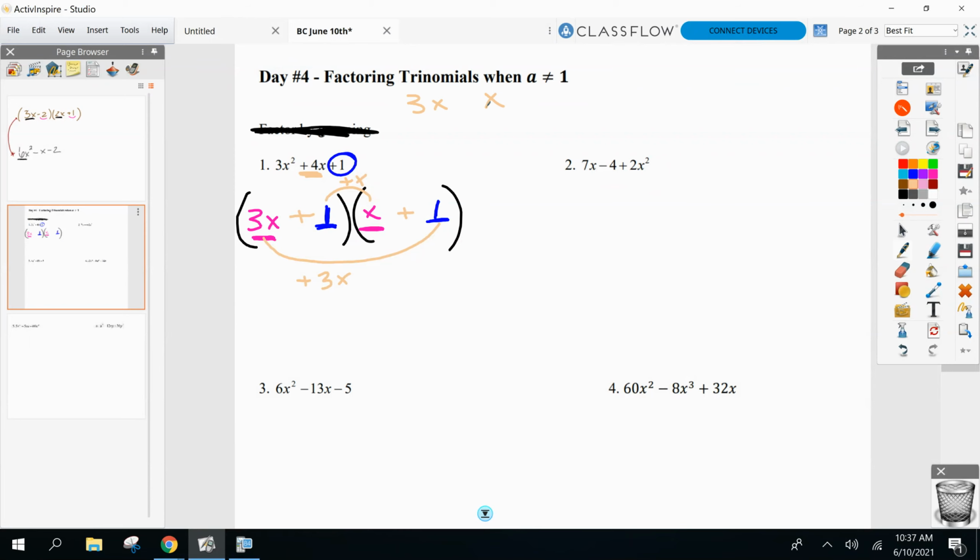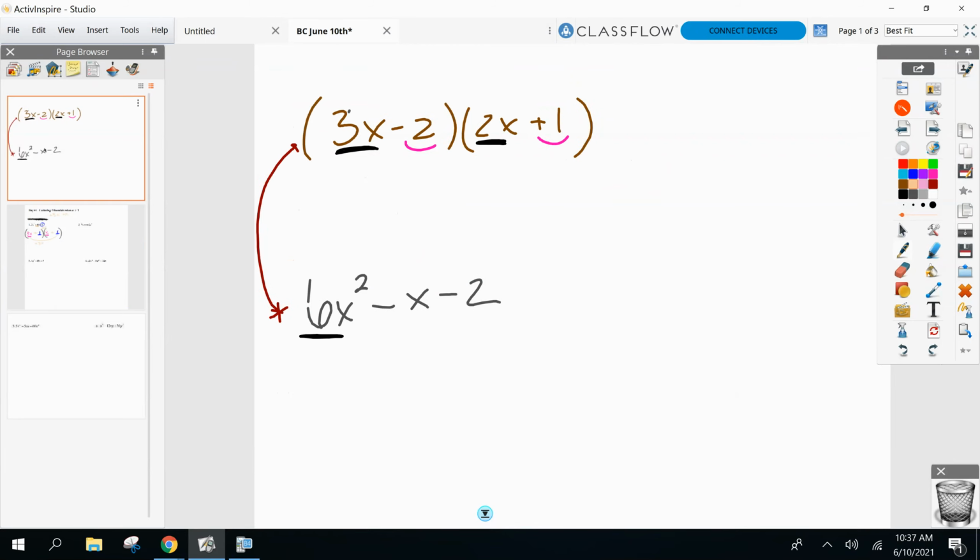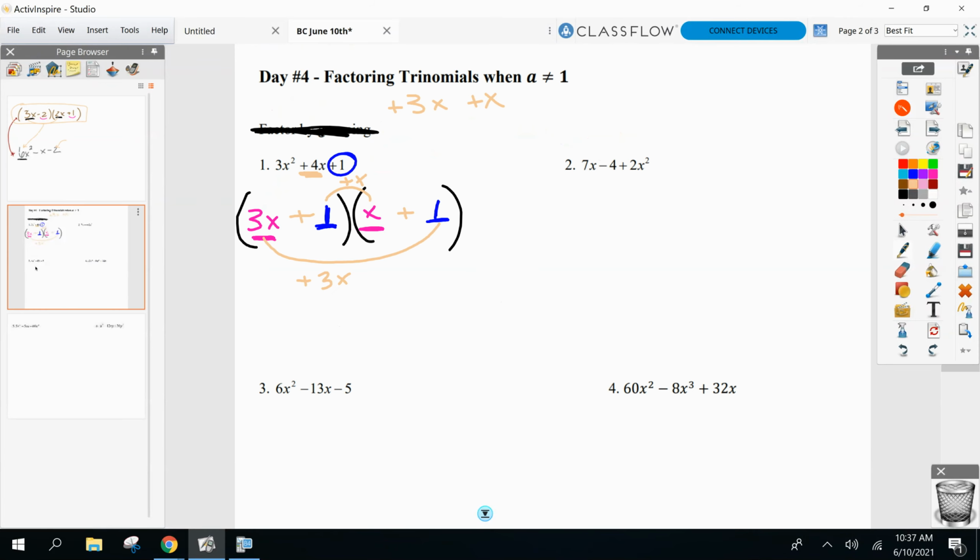The only way I get a positive 4x is if both those signs are positive, which means to me both signs inside the parentheses have to be positive. I'm working backwards from what we did here. The first two terms here give you that one. The last two terms give you this one. And then when I do the outers and the inners, it gives you the middle term. That's how I knew they were both positive.